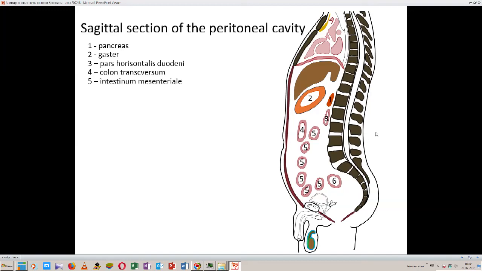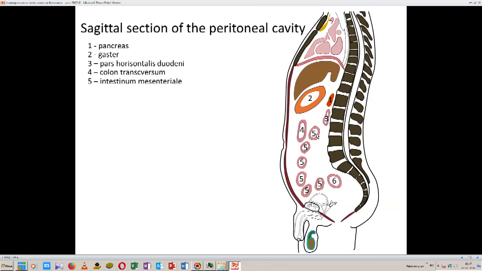Colon transversum. Number 5, intestinum mesenteriale. Here it is, number 5. All these loops are loops of intestinum mesenteriale.